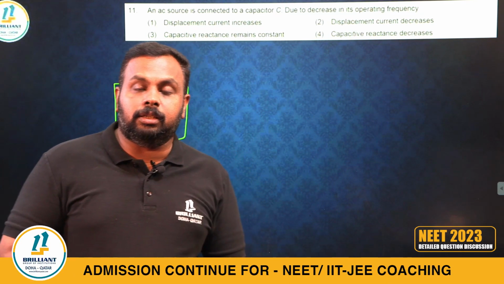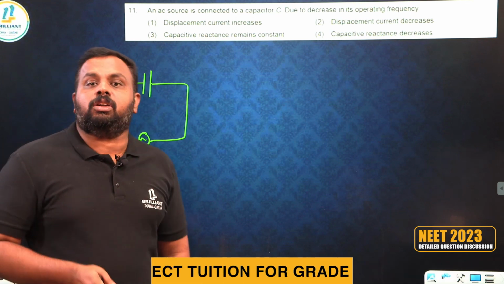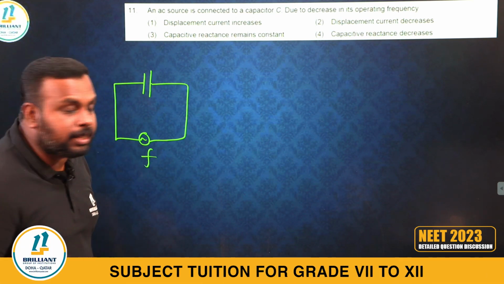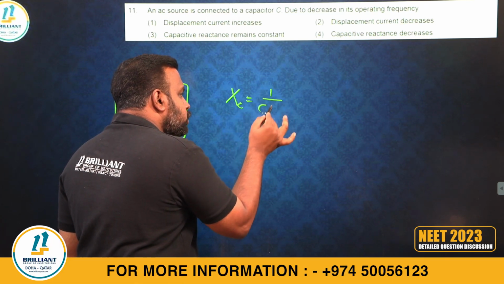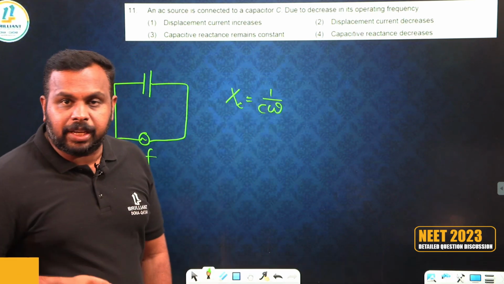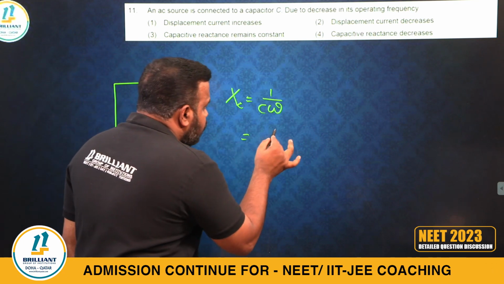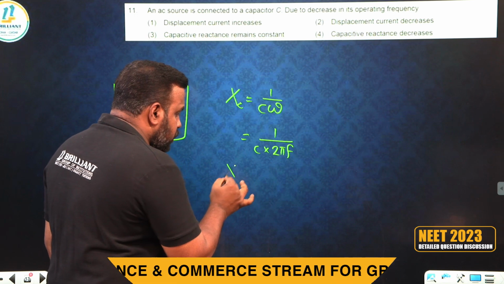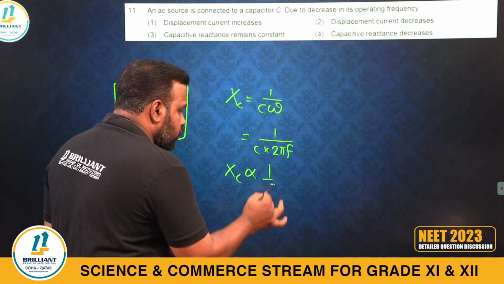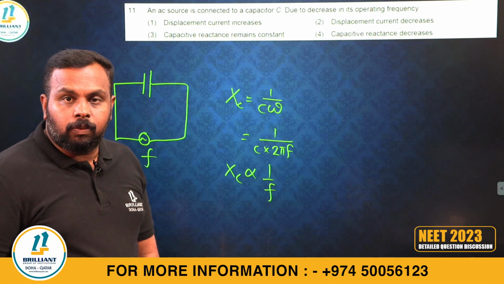So you know that in an AC circuit, a capacitor can offer a resistance. It's called capacitive reactance. What's the formula? XC is equal to 1 by C omega, capacitive reactance. So this is equal to 1 by C into 2 pi f, which means XC is inversely proportional to the frequency.